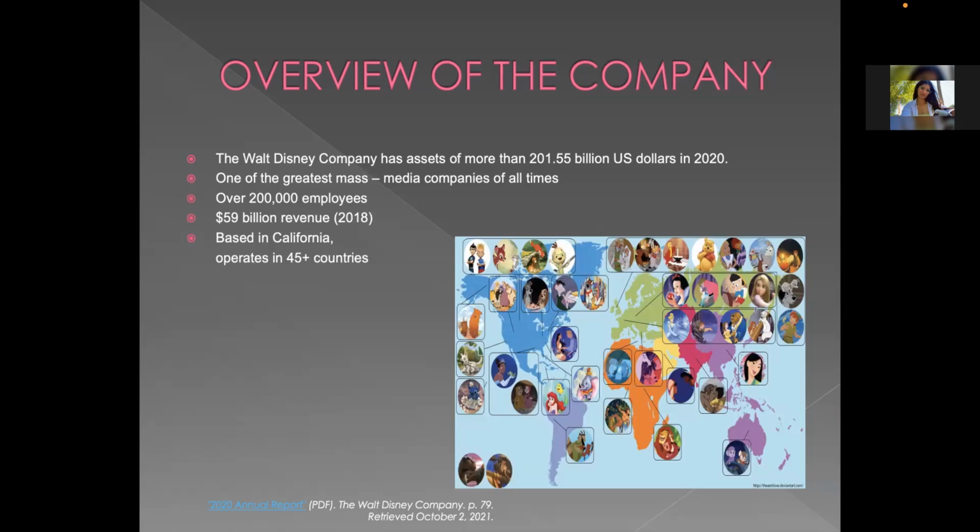This marks a significant increase from the $16.21 billion of revenue generated in this segment in 2009. The total assets of the Walt Disney Company amounted to $201.55 billion in 2020. The same year, the American media company generated global revenue of $65.39 million. Disney employed more than 2 lakh workers worldwide.